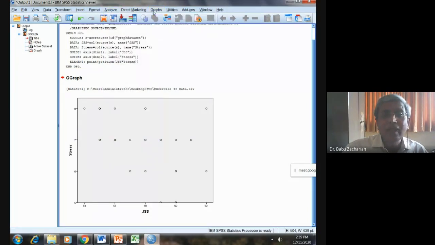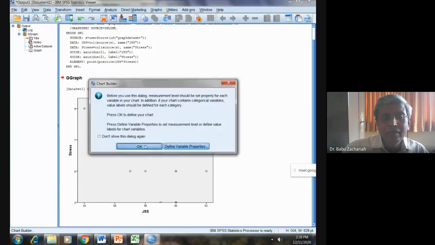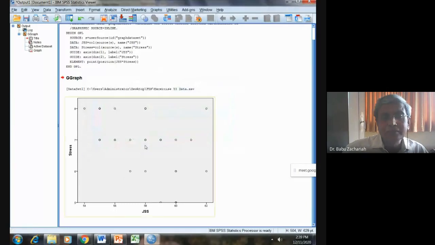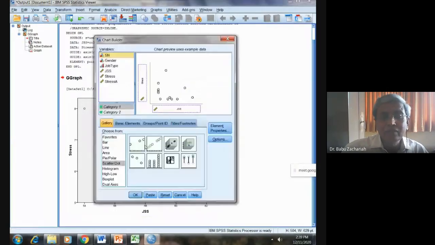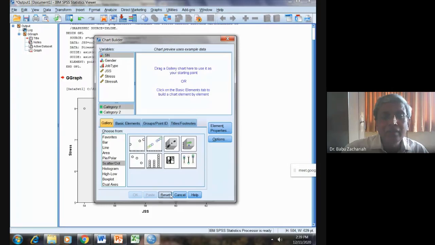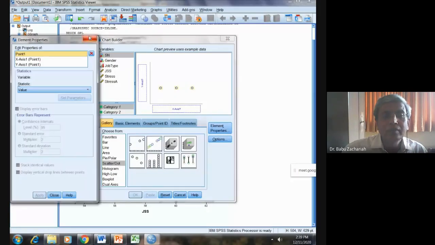We'll come to this graph, chart builder. We'll go to some other data. Say instead of job satisfaction, I will remove this one. I will reset it completely. Okay, here, scatter diagram, we'll put this one here.